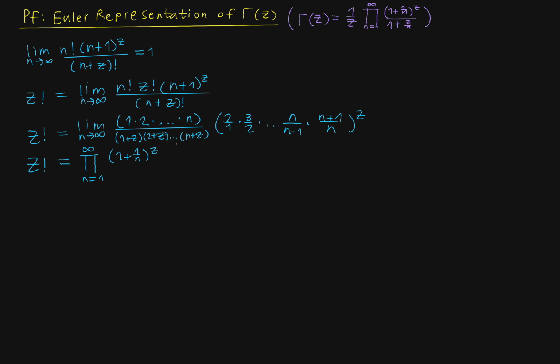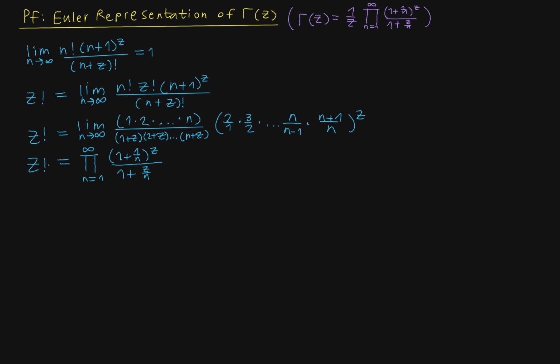And now from this part over here with our factorials, there are still n factors in each of them, so if we divide each by the corresponding factor in the numerator, then what we get is 1 plus z over n, right?